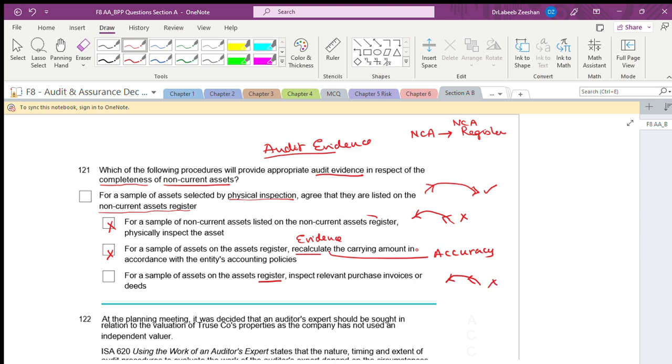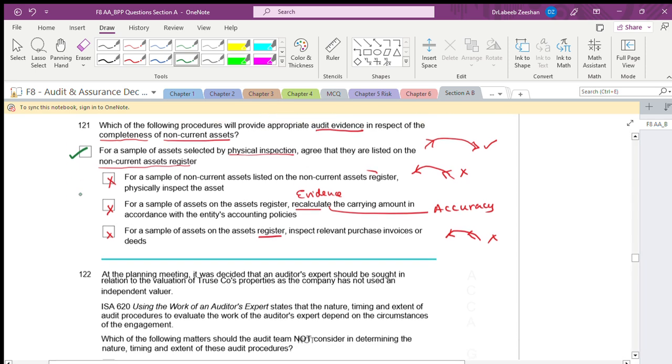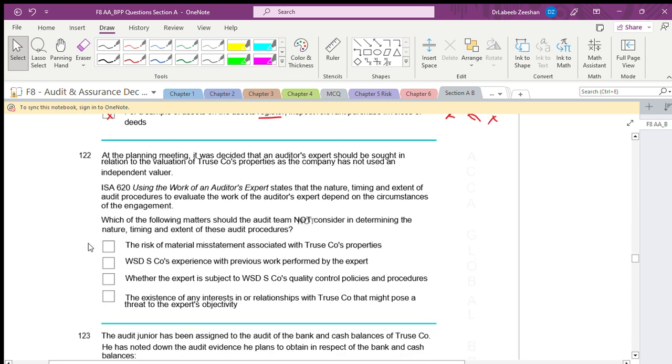The correct answer in this case is: physical inspection, agree that they are listed in the non-current asset register. It's very easy. You have to make sure how things will work.